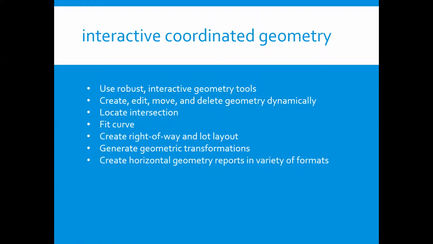It provides interactive coordinated geometric design using robust and interactive geometric tools. Create and edit, move and delete geometry dynamically. Locate intersections, fit curves, create right-of-way and various layouts. Generate geometric transformations and create horizontal geometry reports in a variety of formats.